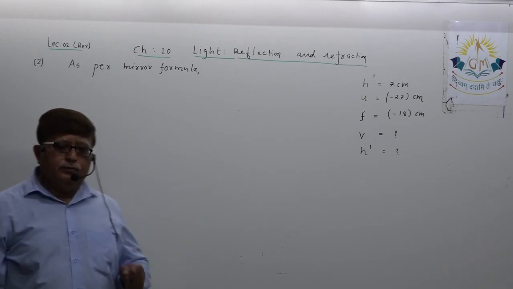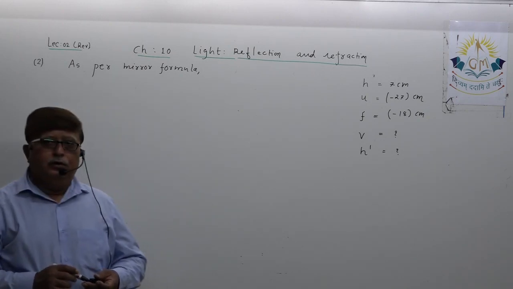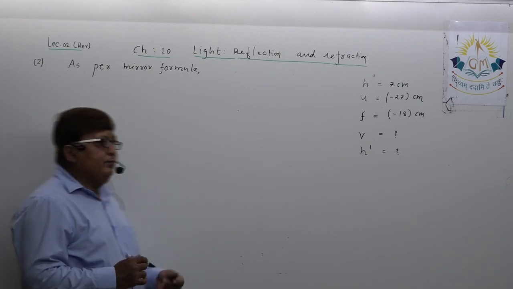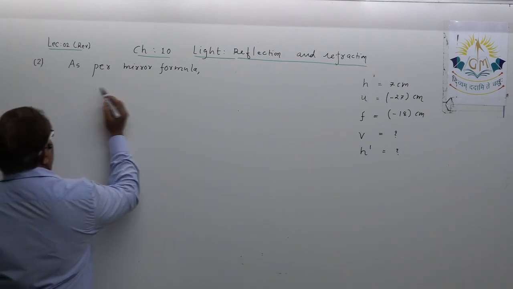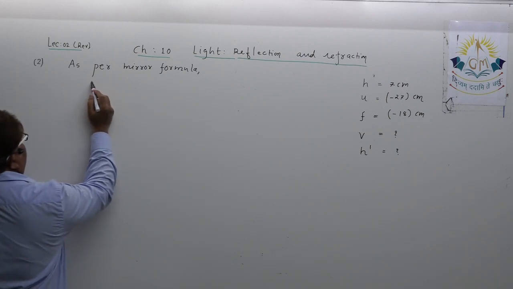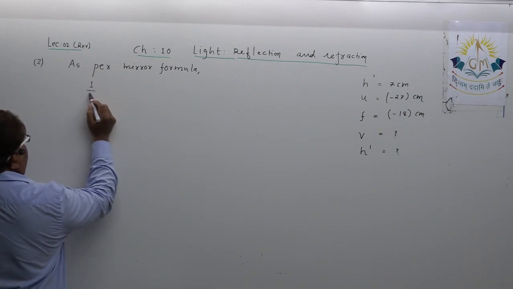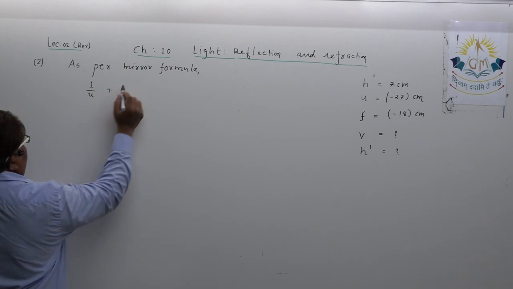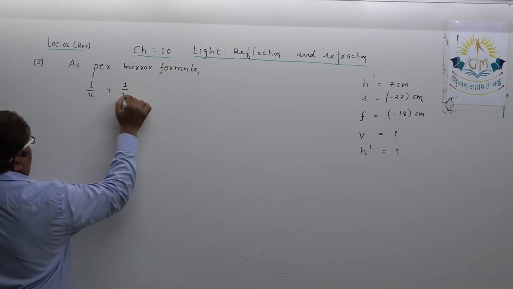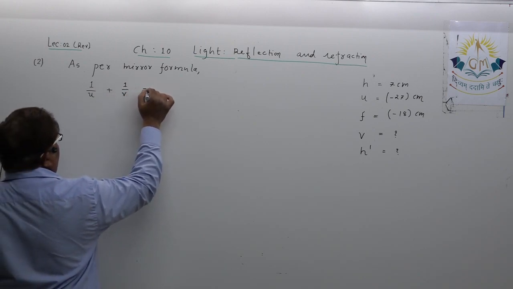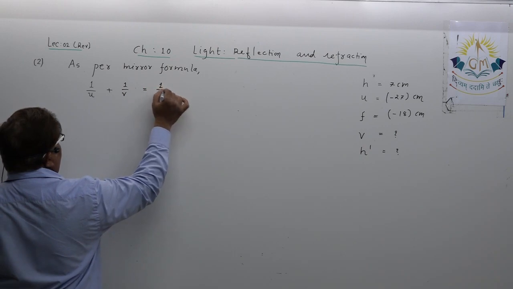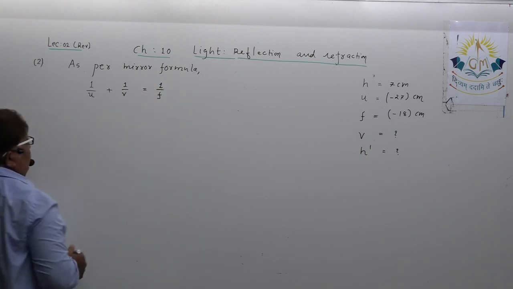As per mirror formula, let us write 1 upon u plus 1 upon v equals to 1 upon f.